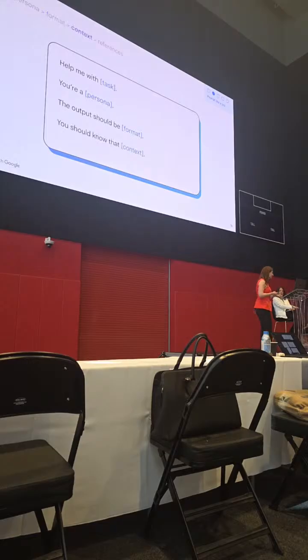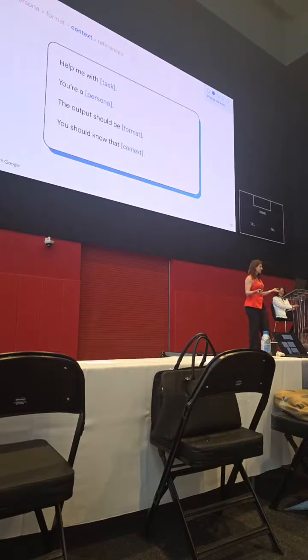Okay, so the next thing is context. Some people say that this is actually the most important part of the prompt. You can imagine adding to your prompt a sentence that begins with, also, you should know that.